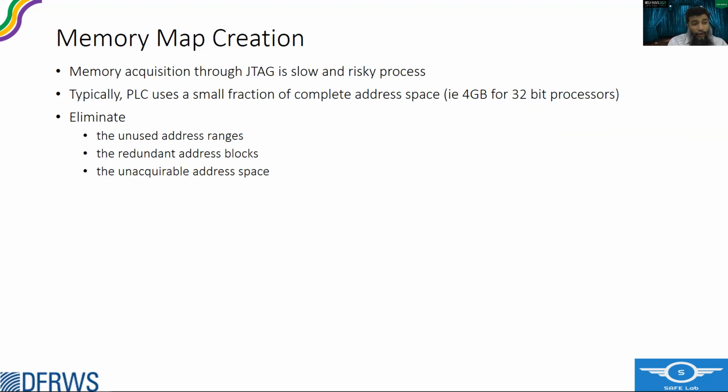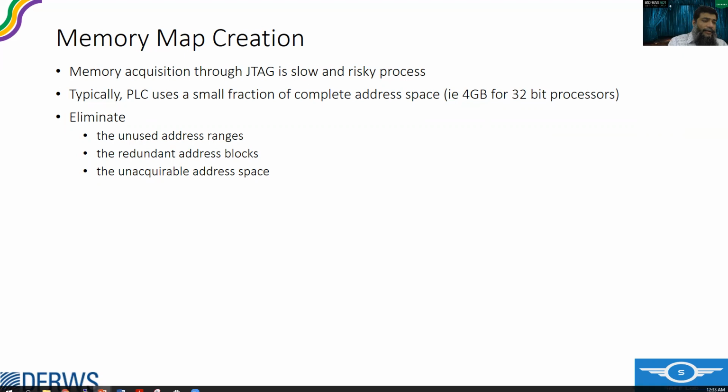However, fortunately, PLCs only use a fraction of the complete address space of the processor. For example, for a 32-bit processor with a probable 4 GB space, PLCs usually use 100 MB or even less, or a bit more than that.